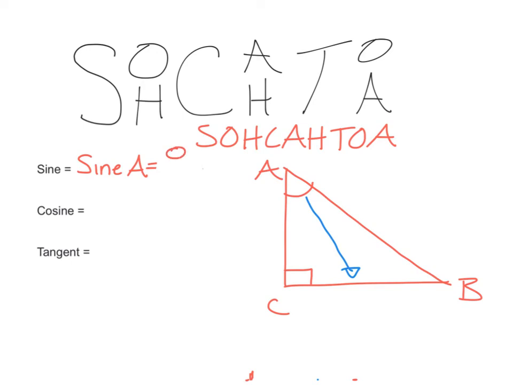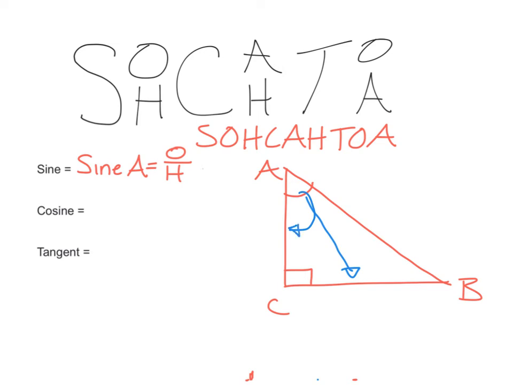So opposite over hypotenuse. Another ratio that exists is cosine, and cosine, that's the C, means adjacent over hypotenuse. So if I talk about angle A again, the side that's adjacent to it would be this side right here.